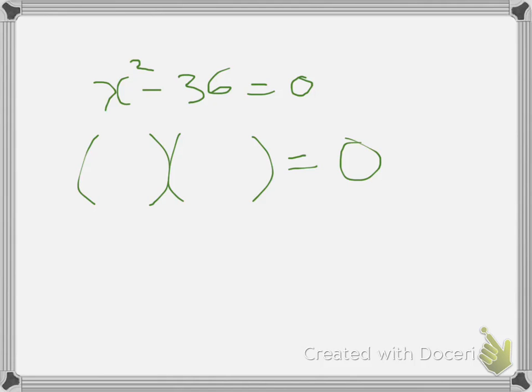There are no x's, so therefore I need to plus a number and subtract the same number. This is called the difference of squares, and it's kind of a special case.